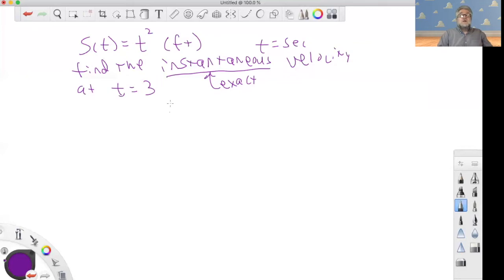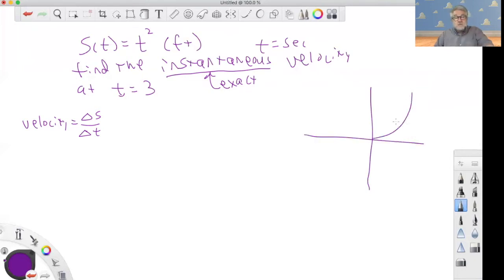So if I want to find the velocity, I'm going to do change in displacement over change in time, which means I'm going to pick 2 points. So here's my curve. Whoops, that's a bad curve. Here's my curve. And here's t equals 3 seconds.